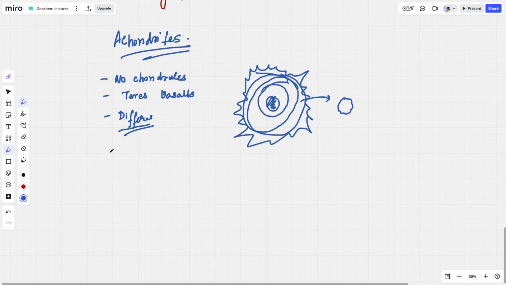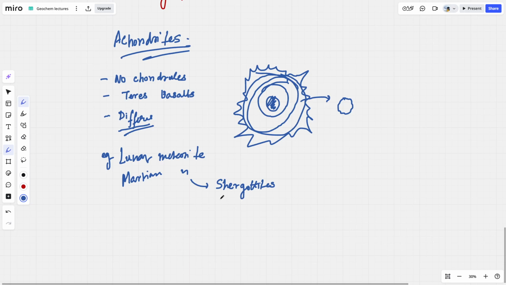So some of the examples can be lunar meteorite. Then we have the Martian meteorite from Mars. Such an example is the Shergottites, which comes from Sherghati, Gaya district in Bihar.